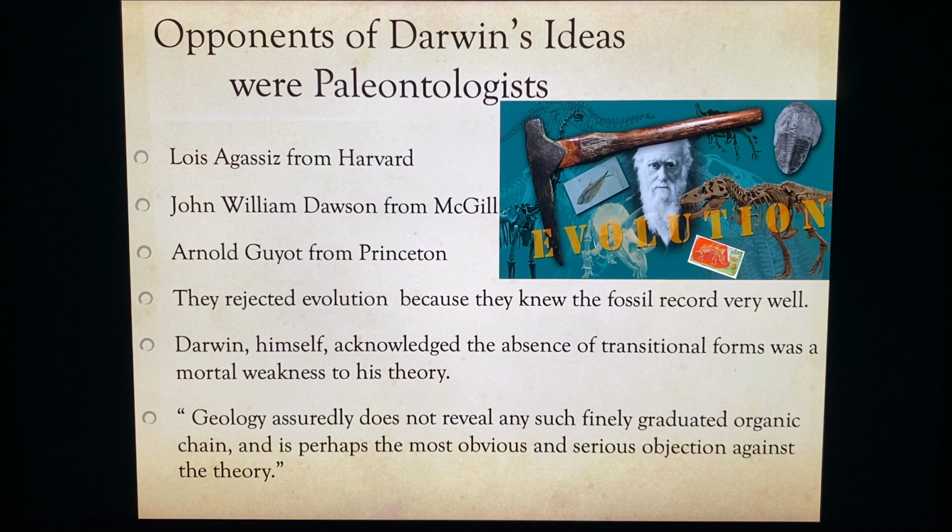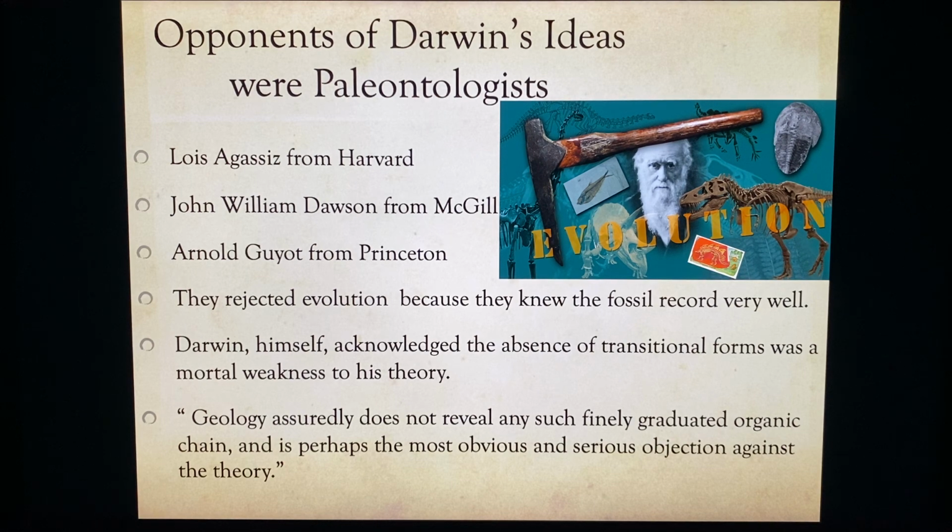Even Darwin himself acknowledged the absence of transitional forms was a mortal weakness to his theory. Mortal weakness, he knew: if we don't find any transitional forms, I don't know if evolution is true. He said that himself.